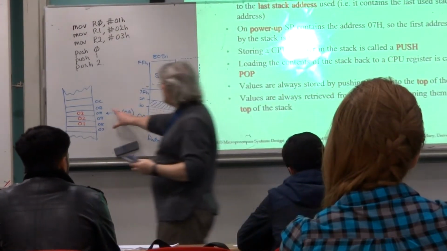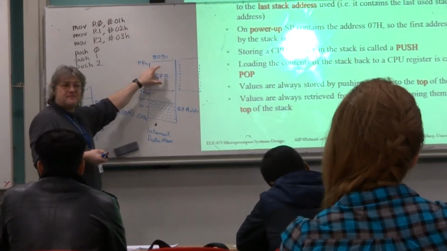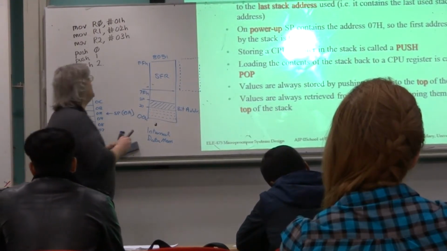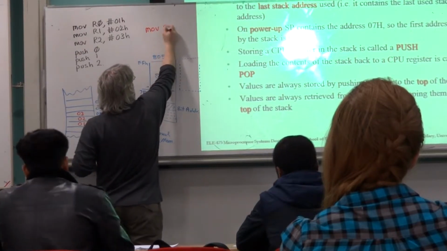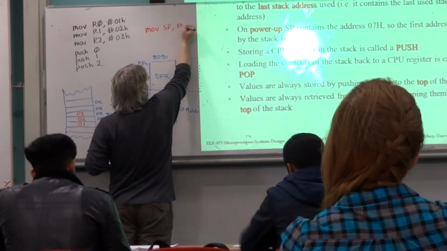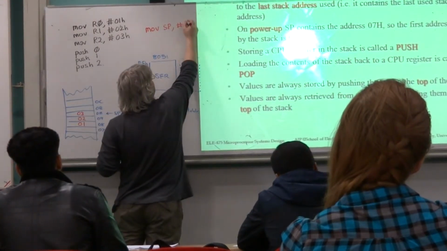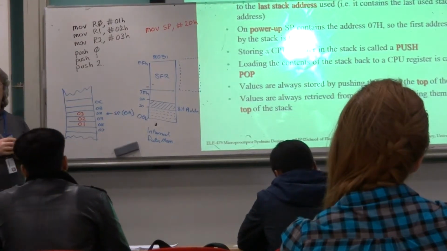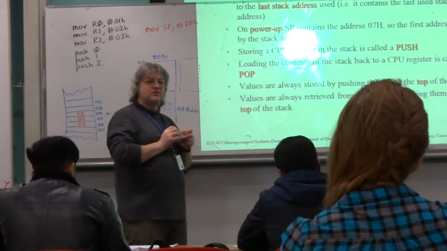Now you might say, well, I don't want my stack to be in that bit of memory, I want it to be somewhere else. And that's okay. The way you do that is you can say, move into the stack pointer immediately a value. So let's say you put this value in, 20 hex, and I said, okay, now you're going to write to the stack, what's the first memory location you're going to use?